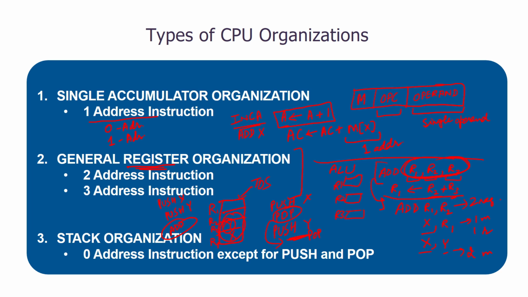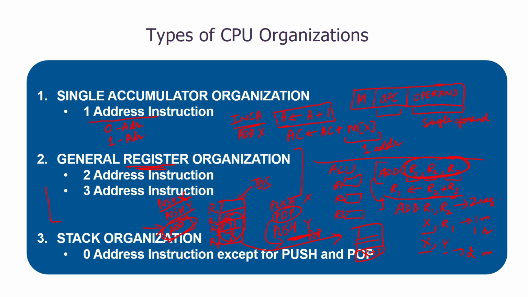This will add these two variables X plus Y and update the stack as X plus Y. This add instruction does not have any address in it, but this push X and push Y are using two addresses from the memory.